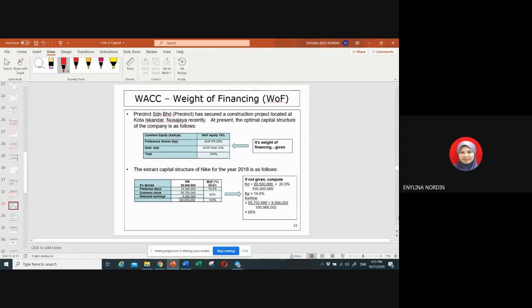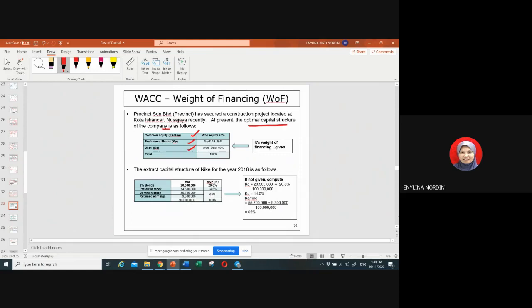So, look at this first situation. The Precinct Sdn Berhad has secured a construction project located at Kota Iskandar Nusajaya recently. At present, the optimal capital structure of this company is given as follows. This company relies on common equity, preference shares, and also debts.